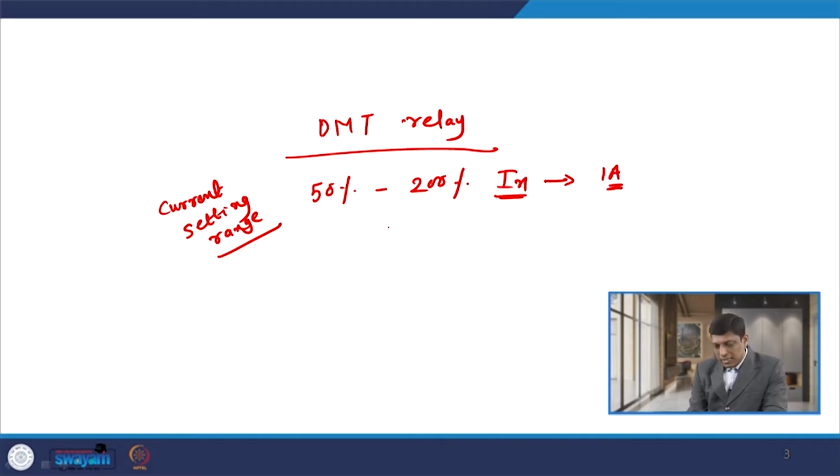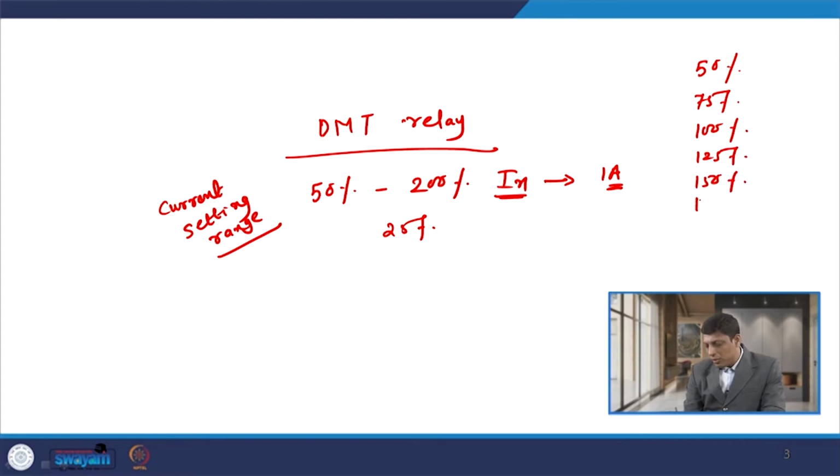This is the current setting range, and it is in steps of 25%. If I start with 50%, then the setting range is 50%, 75%, 100%, 125%, 150%, 175% and 200%.